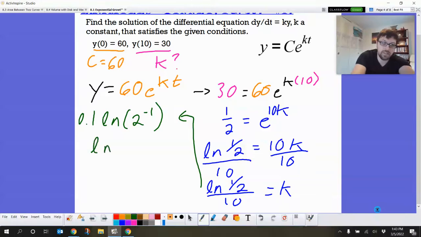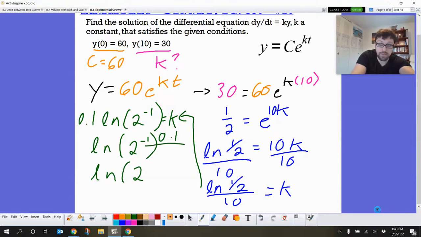So this is still k, equals k. So this is the ln of 2 to the -1 to the 0.1. Well, that's just the ln of 2 to the -0.1, because we can multiply these two exponents together.